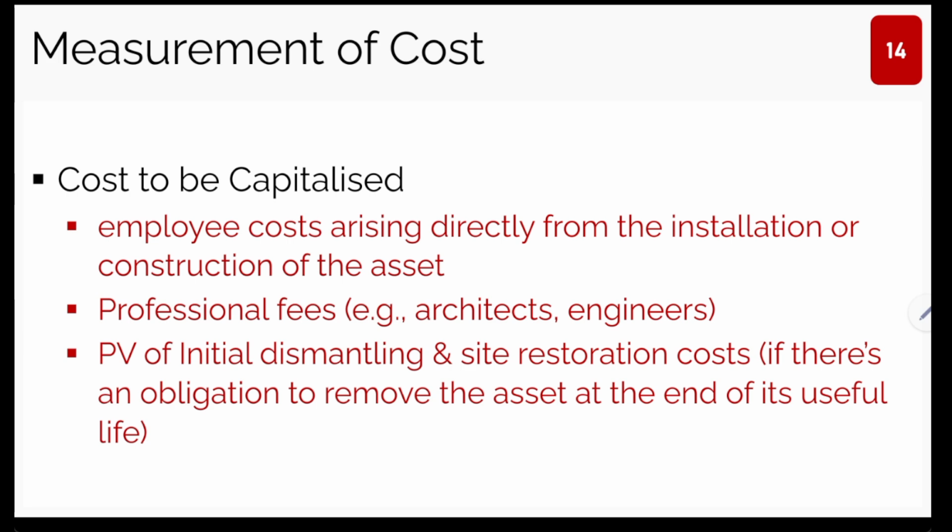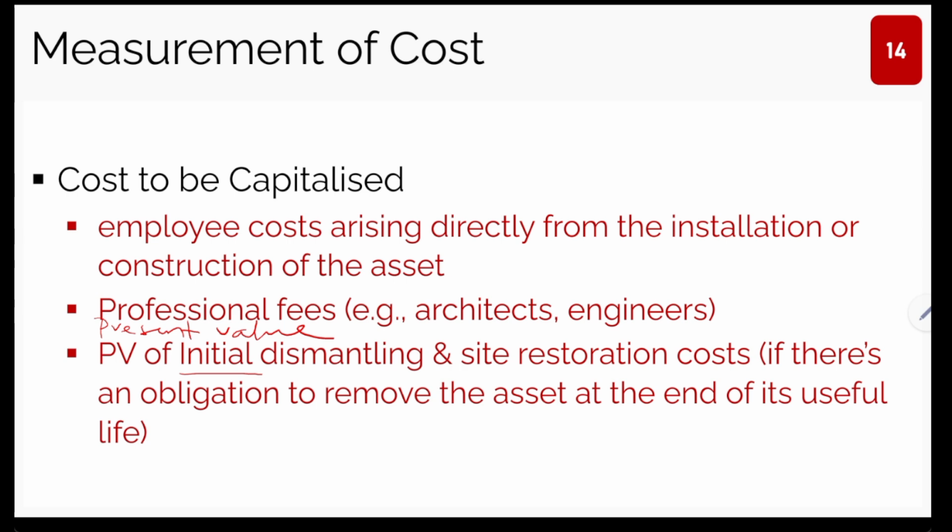The present value of initial dismantling and site restoration costs if there's an obligation to remove the asset at the end of its useful life. So if you have to remove the asset, a certain item of plant, that would mean you might have to do something on the site. Just think of a transformer being put in a community.